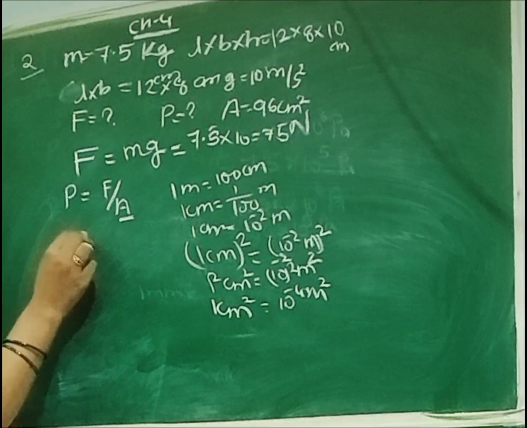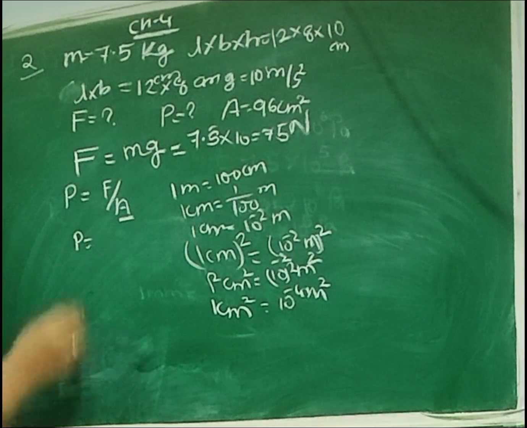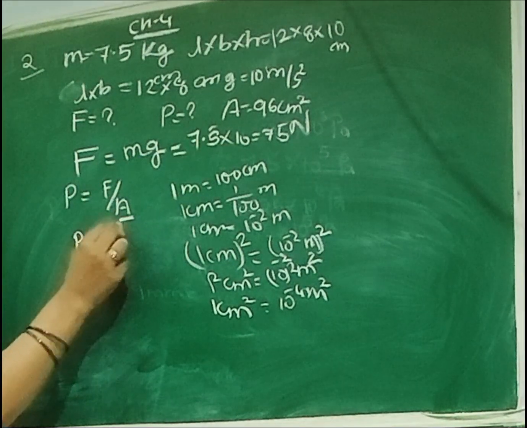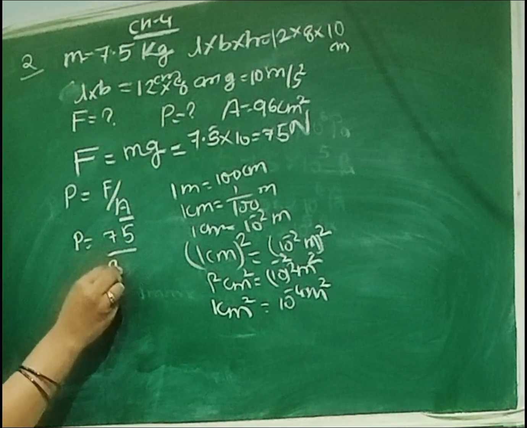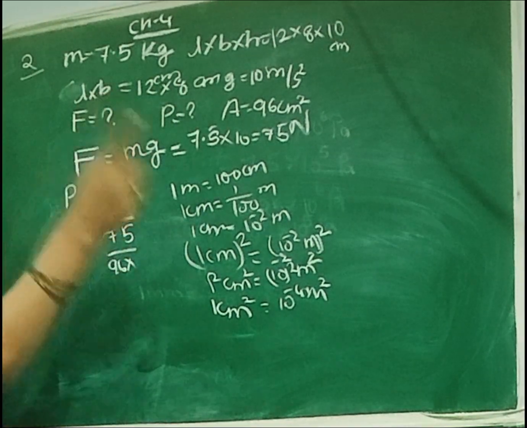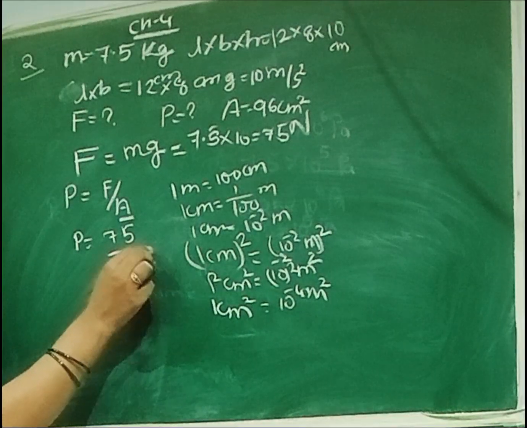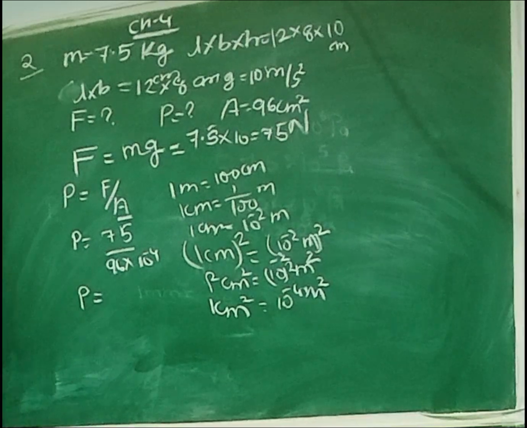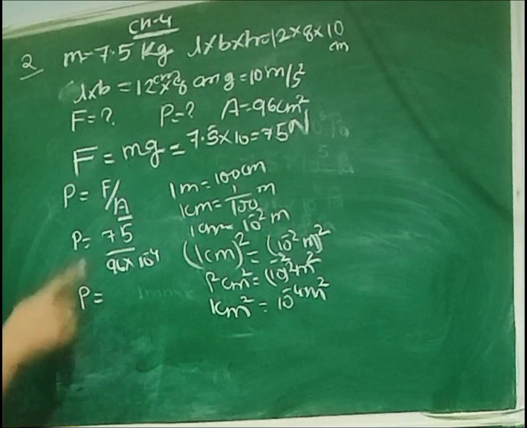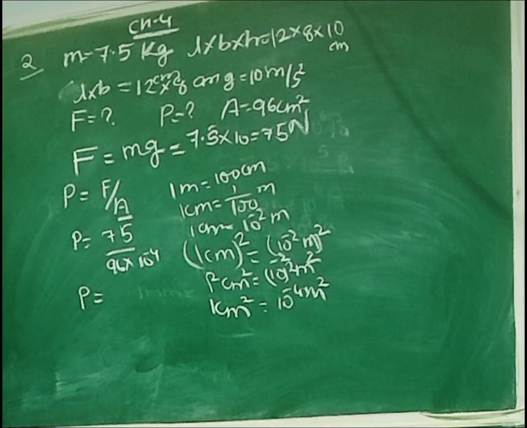So pressure is equal to force. Force is 75 newton and the area is 12 into 8, 96 centimeter square, in meter square 10 to the power minus 4. So pressure is equal to 75 upon 96 into 10 to the power minus 4. You can solve this and get the answer.